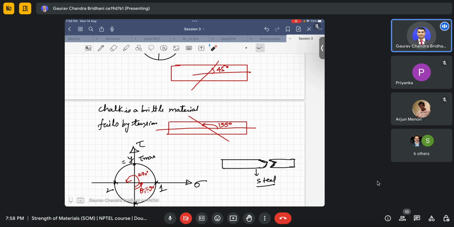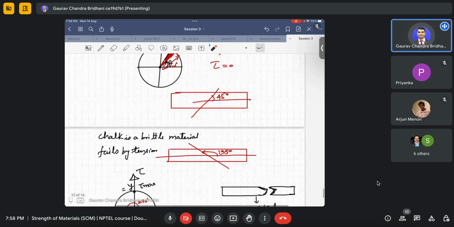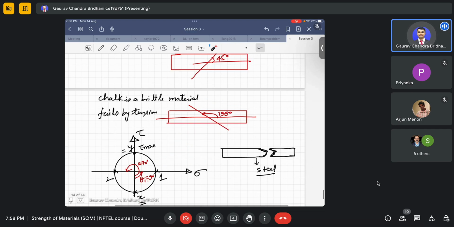And because the material is a brittle material, it will only fail in that principal plane where the principal stress is acting, and that is why it fails at 45 degrees when we apply a torque on a chalk piece. Brittle material fails in tension only, and because of that property, the tension comes at this 45 degree angle.